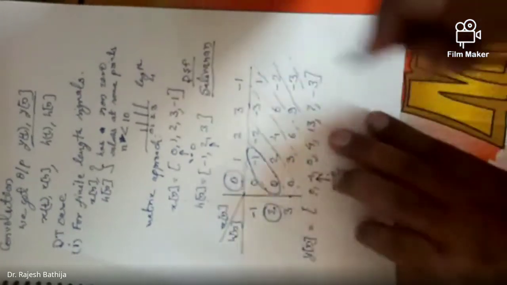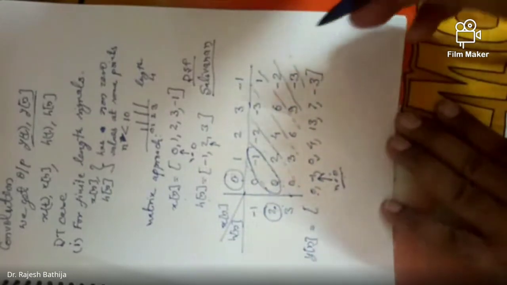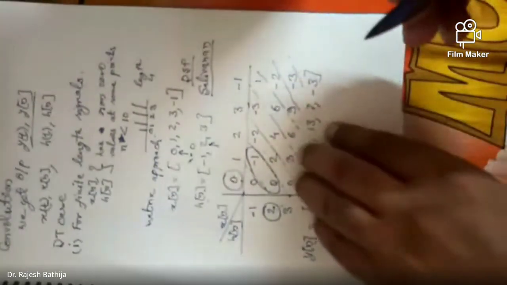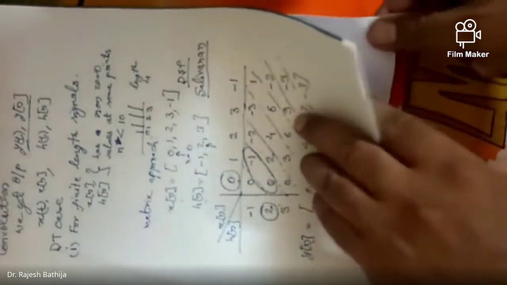Now if I have, suppose, more than 10 values here and here also, then you can see it is a lengthy method. We can do that also, but it requires a lot of space, a lot of calculation, and there is a chance of mistakes, right? So we try to avoid this method even after 5 values.